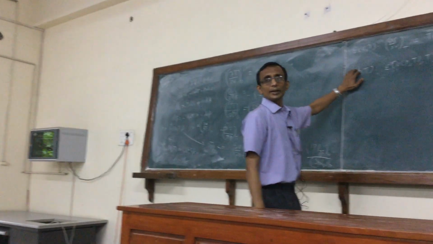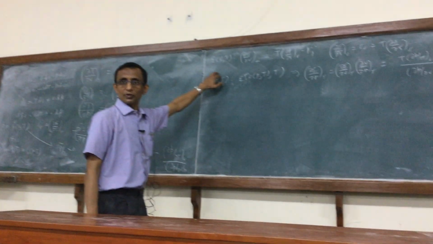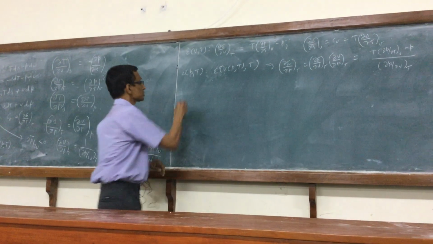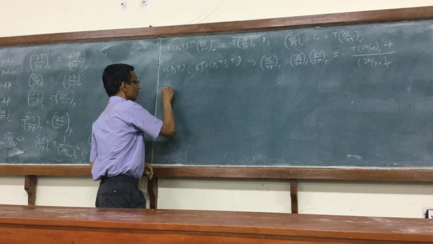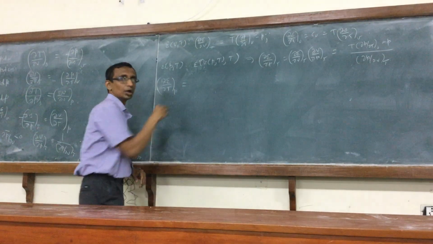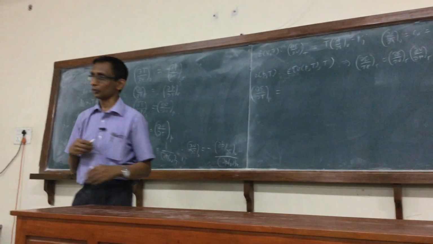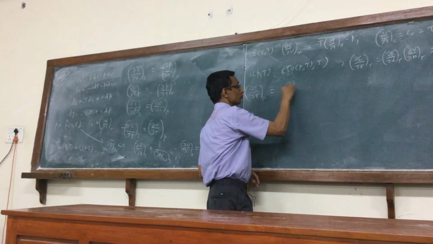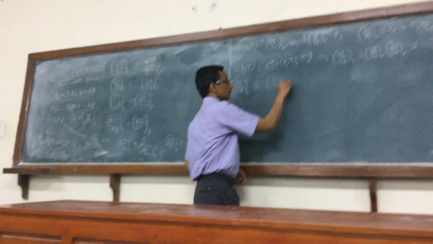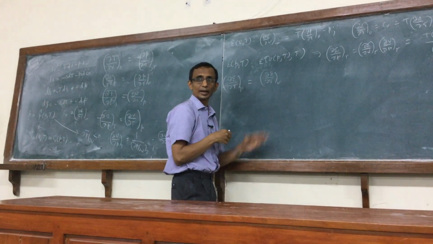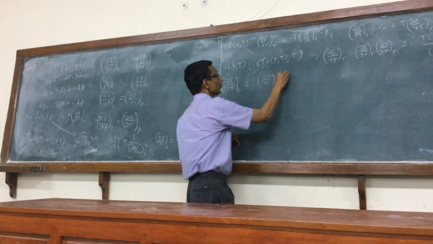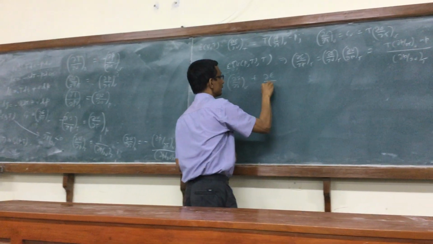Now dE by dT, we will take a closer look at it, but first we just write the expression. So that will involve two terms from the chain rule. One would be dE by dT. Nothing much, it's not being transformed, so we get the term as it is. Plus dE by dV.